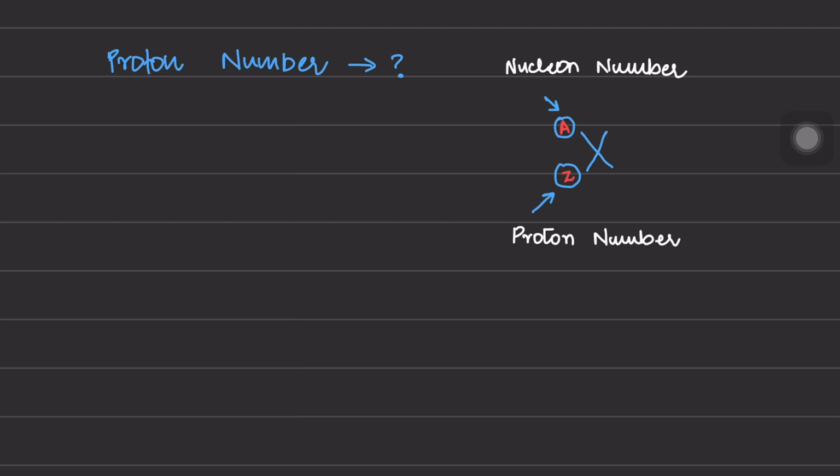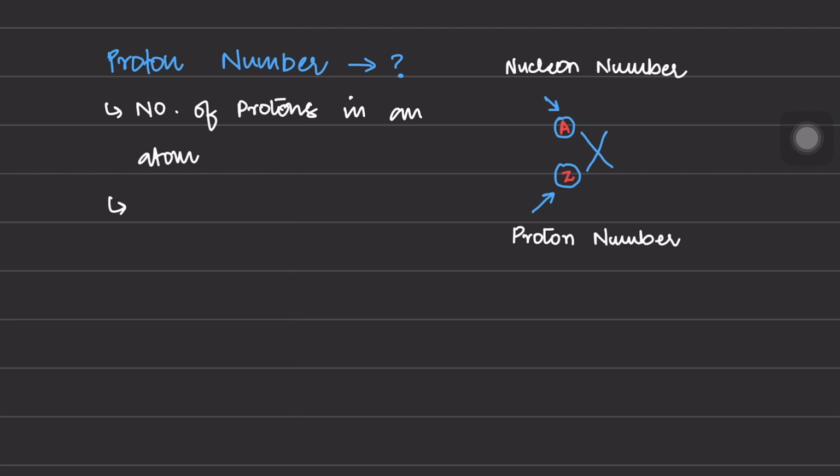The proton number is the number of protons that you have in an atom. Very straightforward, very simple.